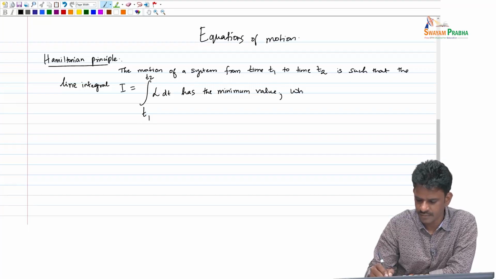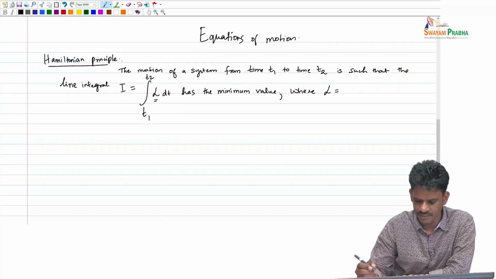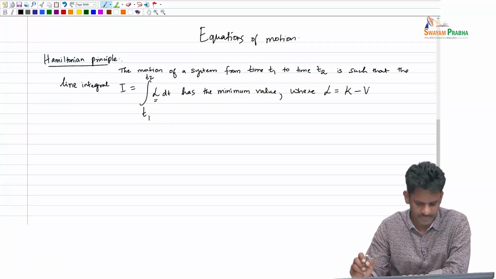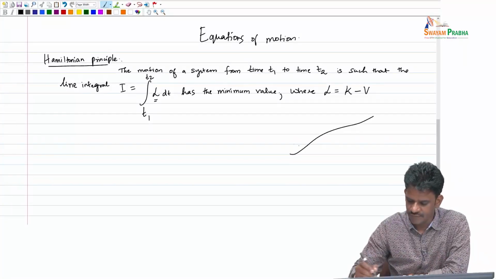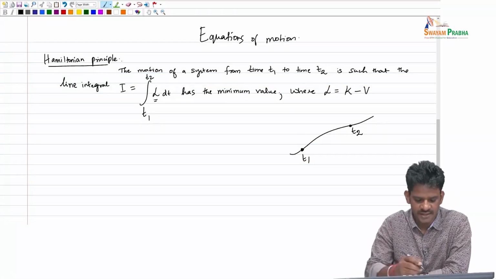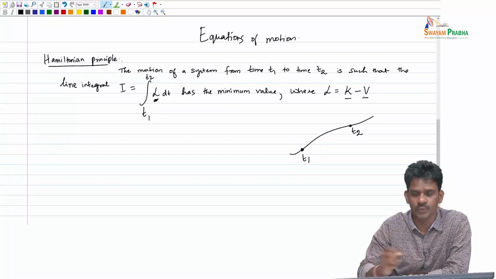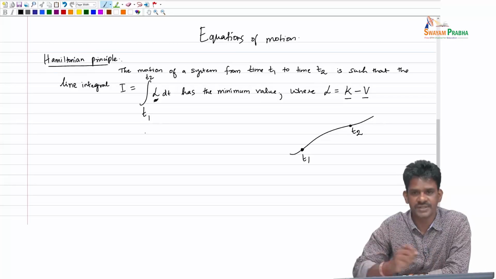where this function L is defined as kinetic energy minus the potential energy. What this basically means is that if you have a trajectory of a system from time t1 to t2, the system will always take a path such that the function L, the Lagrangian, defined as K minus V, the kinetic energy minus potential energy, has a time integral that is always minimum.